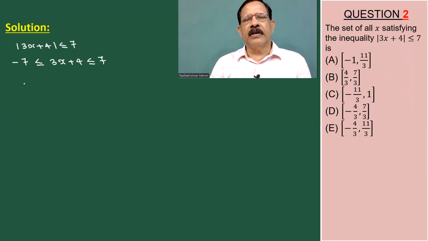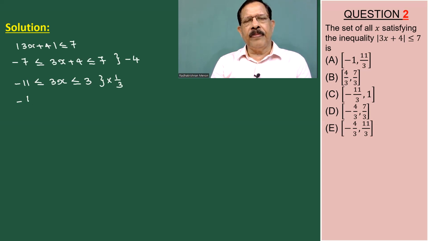Now we have to find out the interval in which x lies. For that, first we have to add -4. So -7 minus 4 is -11 ≤ 3x ≤ 7 minus 4, which is 3. So you multiply by 1/3 again to get x independently.